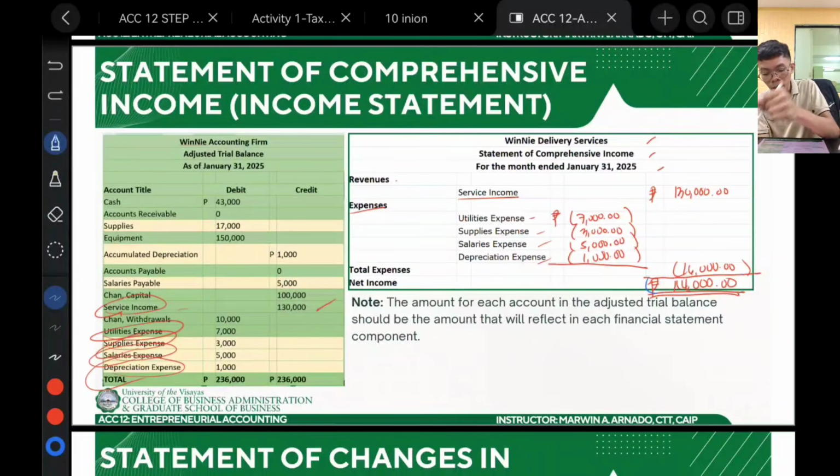But in this scenario, since the income is higher than the expense, we have a gain or a profit, so we don't put open and close parentheses. Okay? And that's it. That is just your statement of comprehensive income. This shows that the company is profitable during the month of January. It is because they have gained a 114,000 na profit.